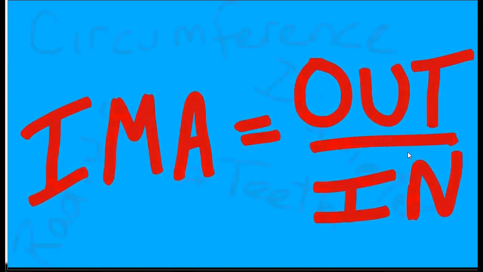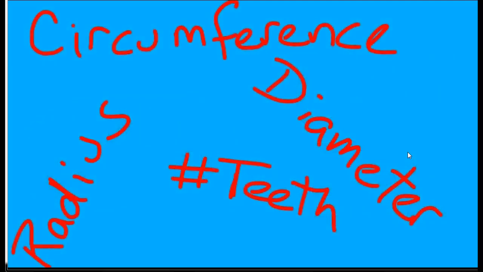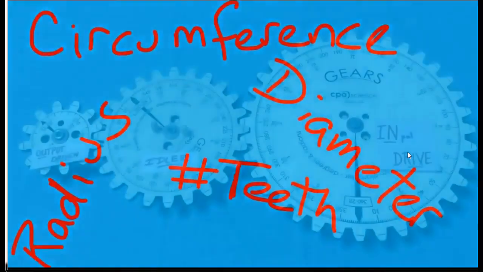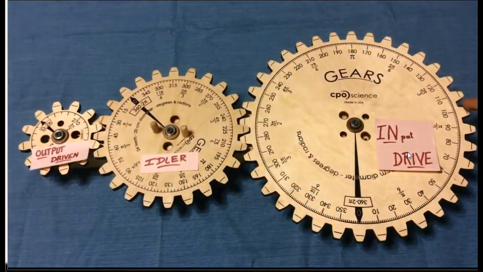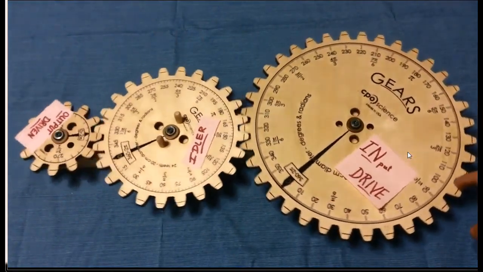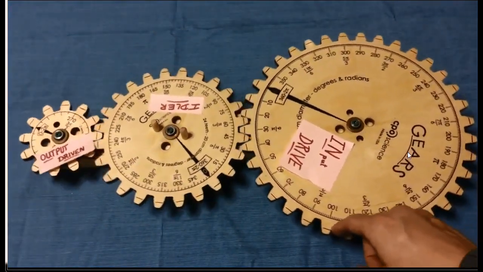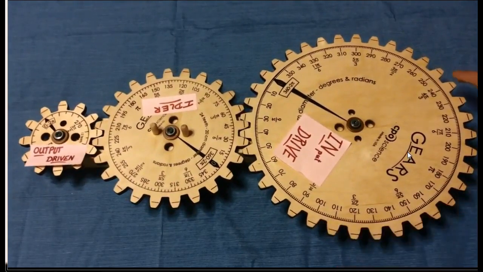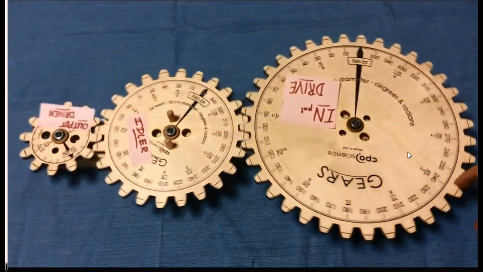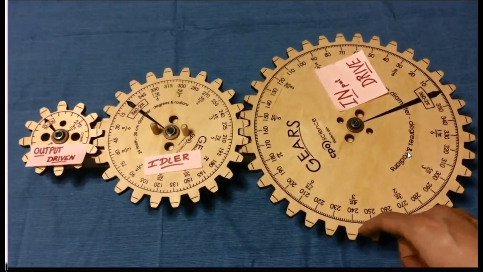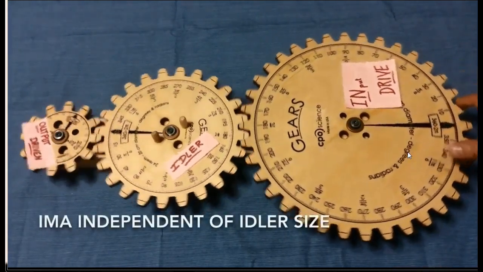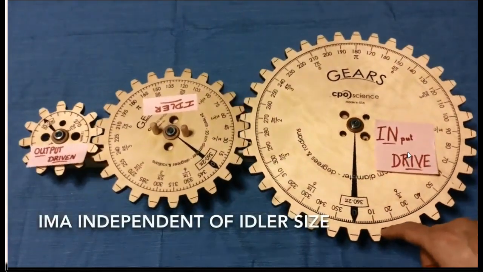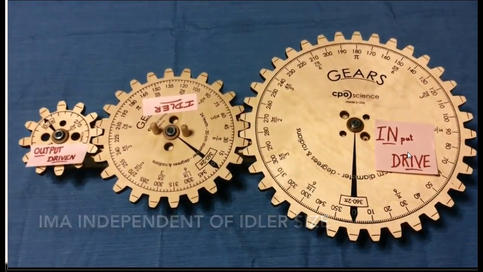And again, you can use circumference or diameter or the number of teeth or radius. And that right over here, crazy thing, doesn't even matter what size it is, because if you watch, the output travels 1 rotation, output travels 2 rotations, output travels 3 rotations for 1 input, just as what we had before.